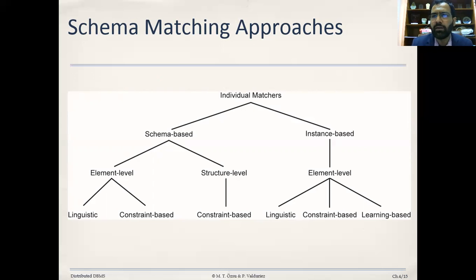Maybe you go for the neural network approach, or various other approaches we have. The learning based approaches help us to classify those elements. If the elements belong to the same class, it means they are representing the same thing. So these three approaches can be used to match those elements.